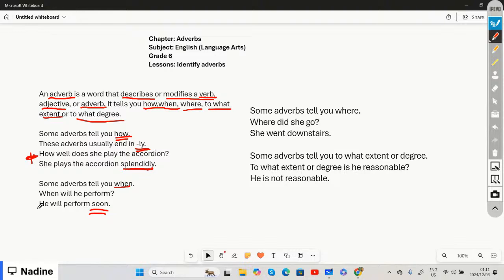All right. Then some of our adverbs will also tell you where, like the place. Where did she go? It's like the place. We can either say she went downstairs. So downstairs is basically our adverb. These are adverbs that tell us where, the place. Downstairs, we can even say that she went next door. She went away. She went abroad.